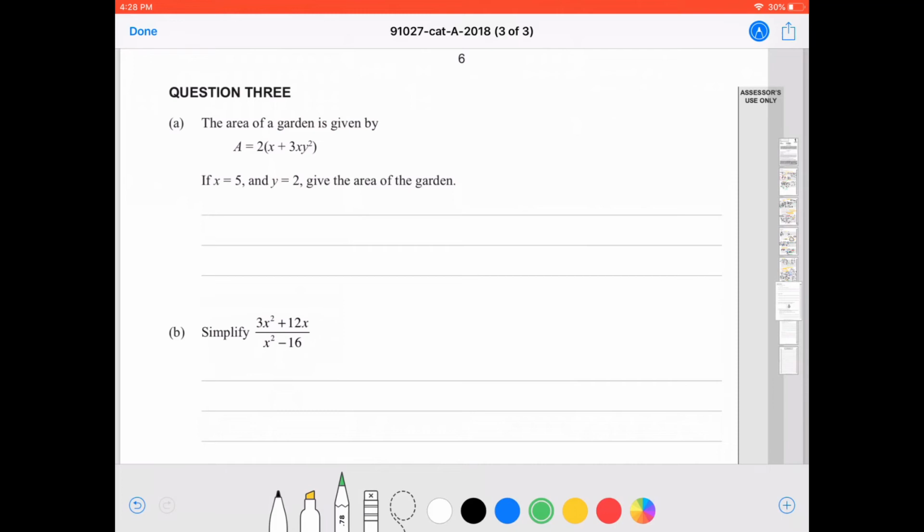So question 3a, the area of a garden is given by A equals 2x plus 3xy squared. If x equals 5 and y equals 2, give the area of the garden. So it's a classic substitution question where we've been given values for x and y, and they want us to substitute them into our area equation.